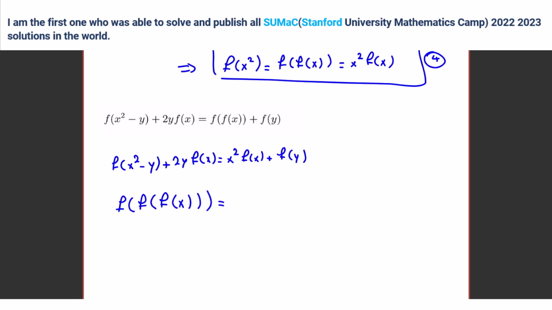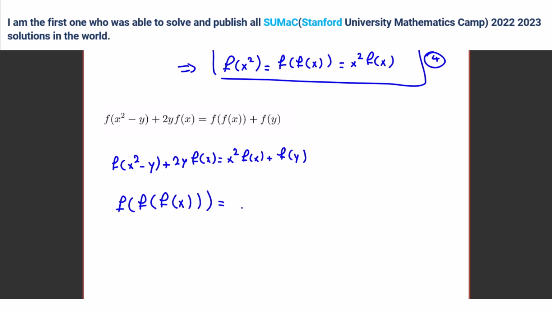Okay, this becomes f of f of x squared, which is... Pay attention to the fourth result, how can we write it in terms of f of x? It equals f of x to the 4. If you are using this equation, I'm using the first one, this one, f of x.